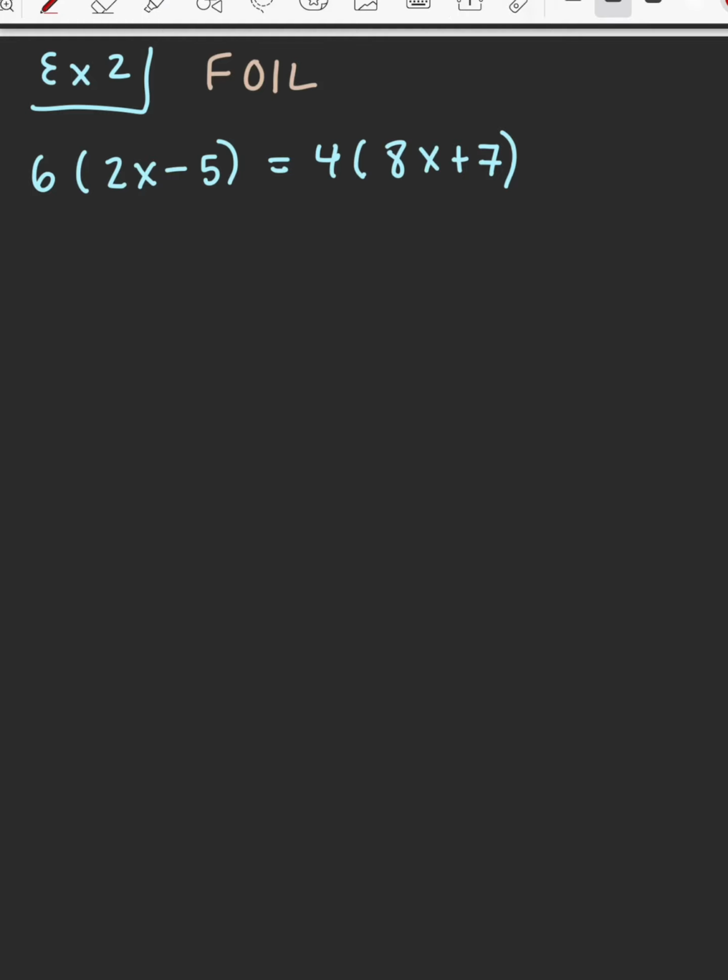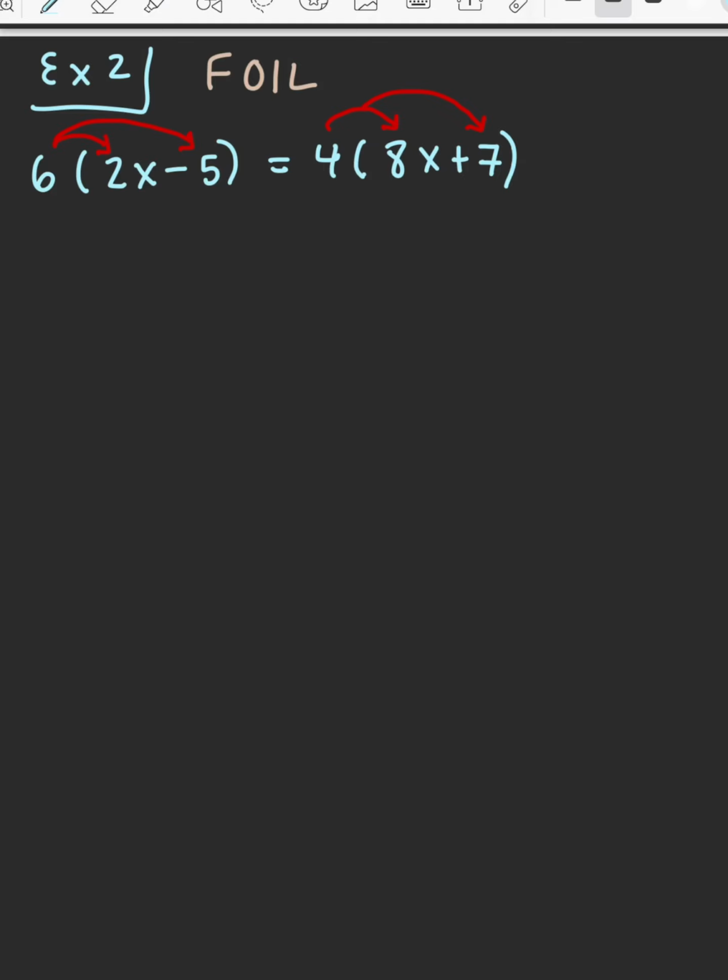So here 6 would be multiplied with 2x, and then we would keep that minus sign, and then 6 would be multiplied with 5, equals 4 being multiplied by 8x, and then keeping that plus sign, and then 4 being multiplied by 7.